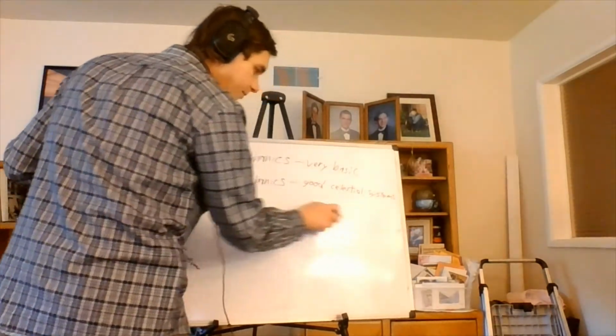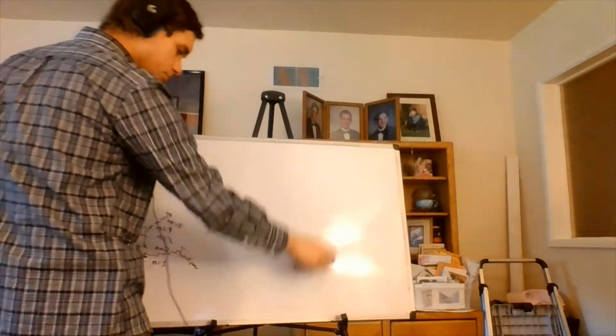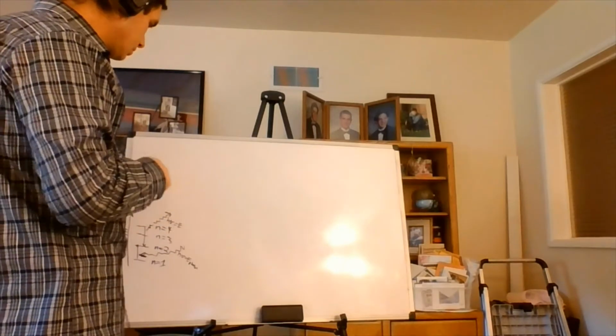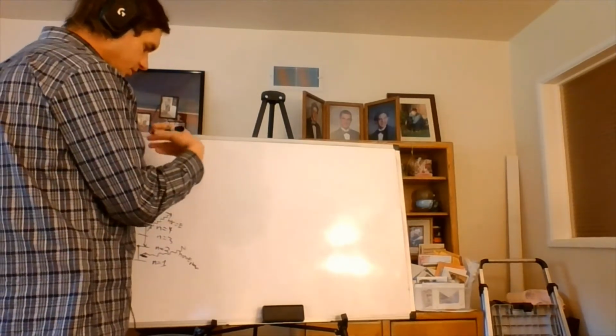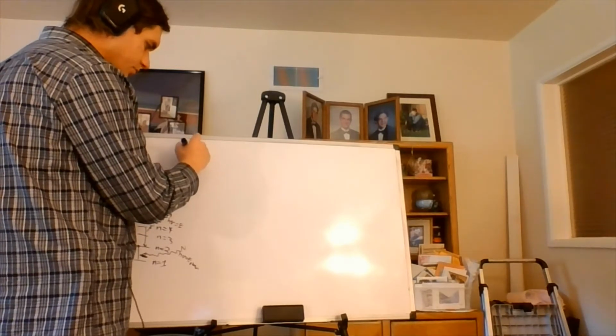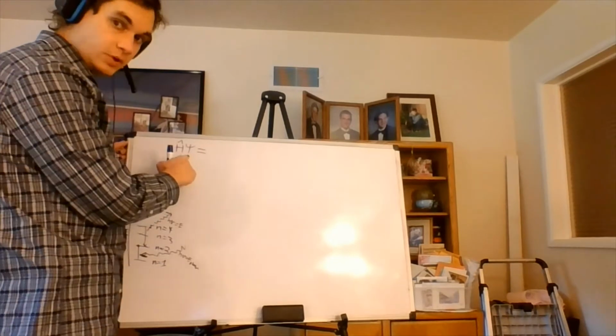Now, with Hamiltonians, what we have is the Hamiltonian operator, H hat. We multiply it by the wave function of the system in question.